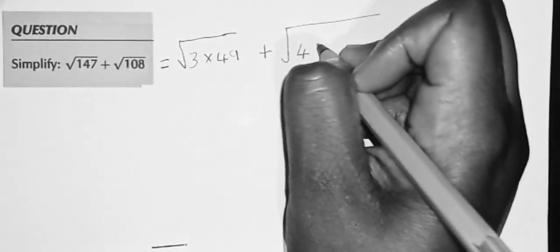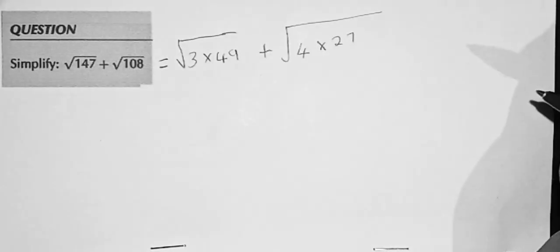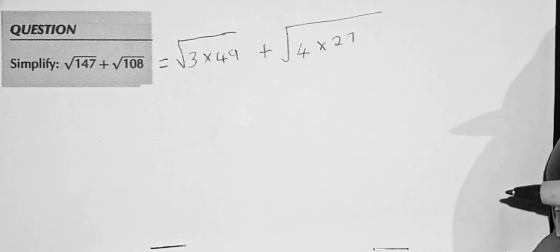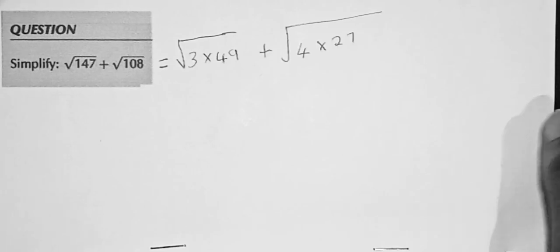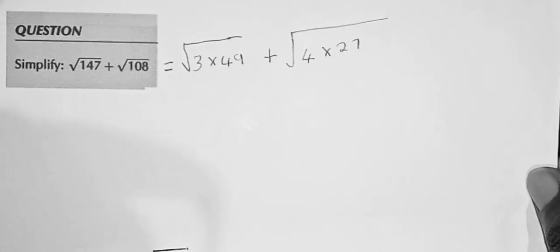So 4 times 27, and after that, what's going to happen? Let's see.